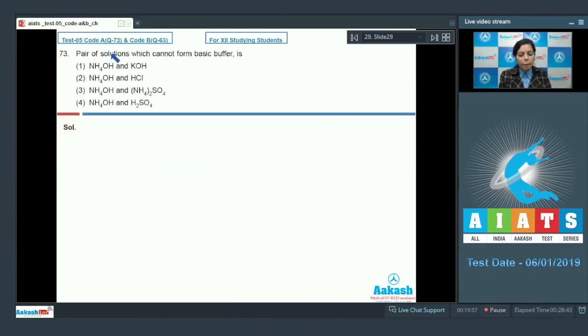After this, let's take the next question. Question number 73. Pair of solutions which cannot form basic buffer is. What is basic buffer?